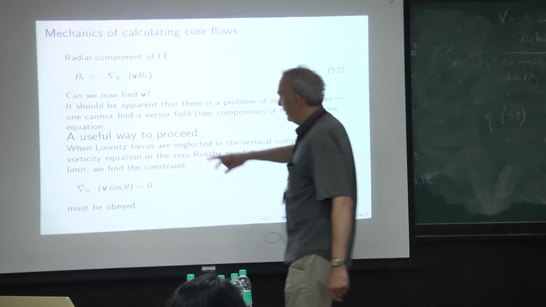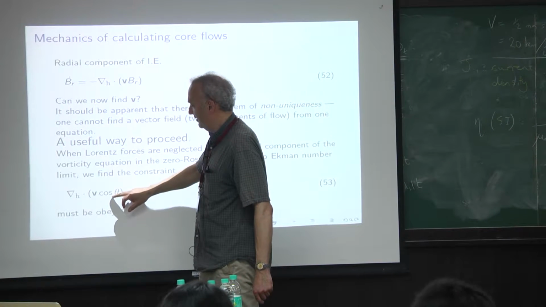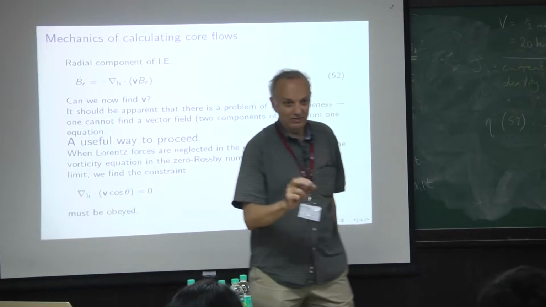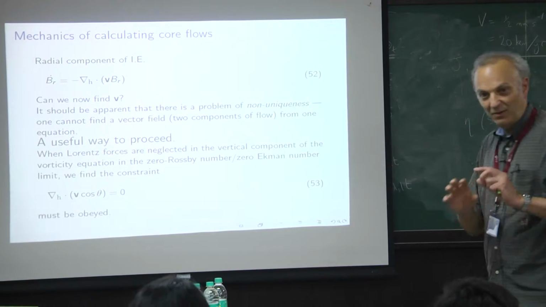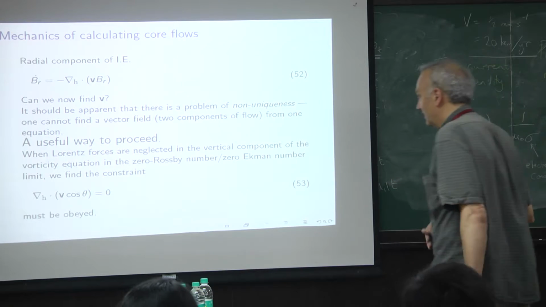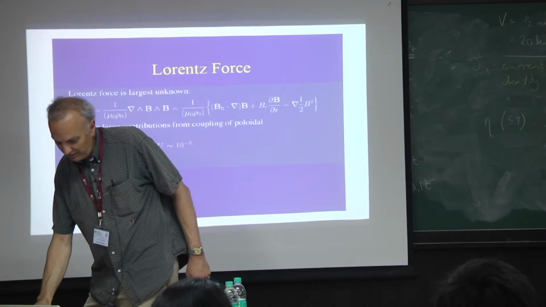And the good thing about it is that we've now got two equations governing the two unknowns, the v theta, v phi components of the velocity field. So we're in with a chance now. That's the good news. And indeed, it seems to be fairly reasonable.